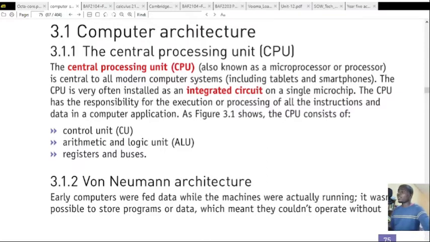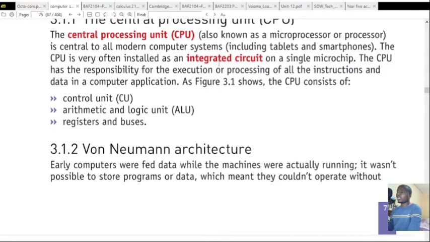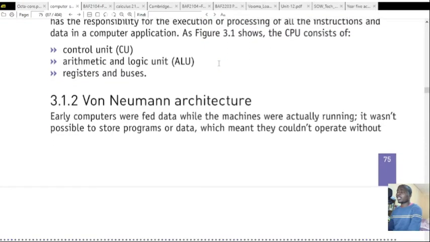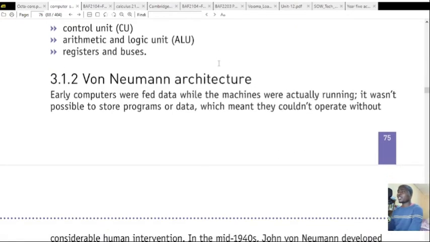Now, let's briefly look at von Neumann architecture and what it was all about. Von Neumann architecture was a design invented by John von Neumann in around the mid 1940s.